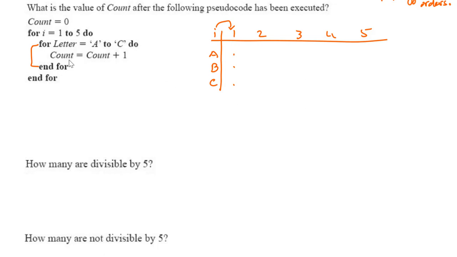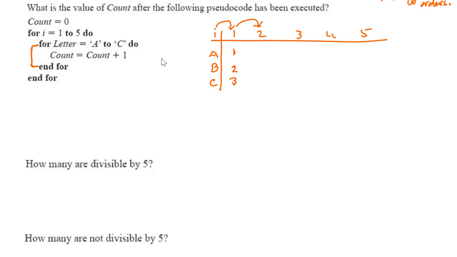That means the count here become count plus 1. So when I is 1, you go A is 1, then the count become 1. And you stay in this inside loop here, and then you go back to B and the count become 2 and 3, and then you're done with the inner loop, and then you go back and I become 2.